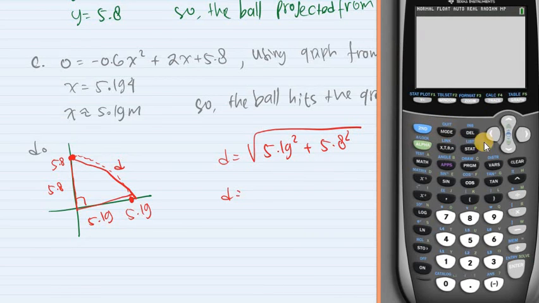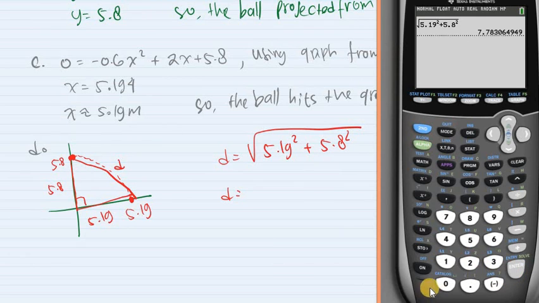So the distance equals, calculate using the calculator, square root of 5.19 squared plus 5.8 squared.